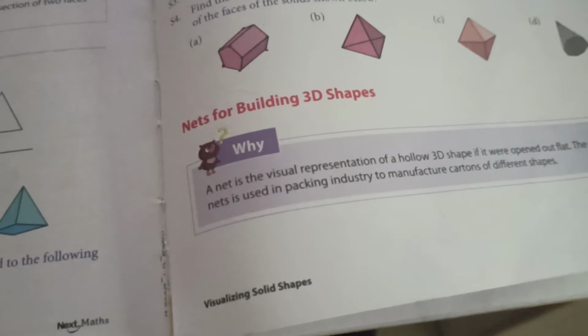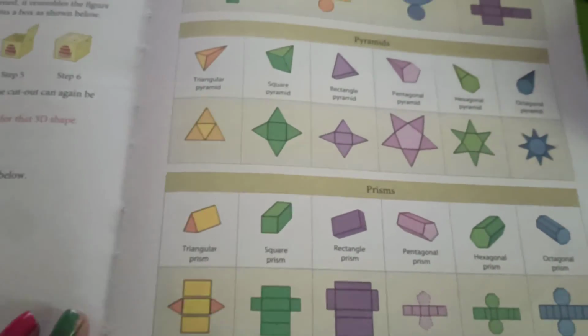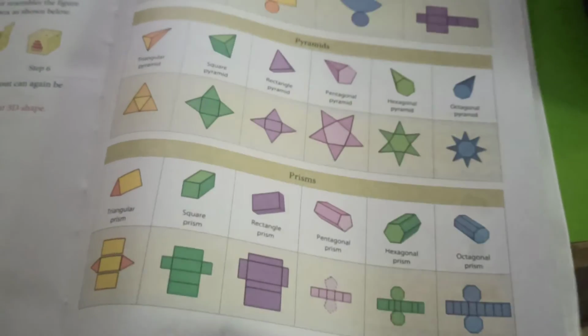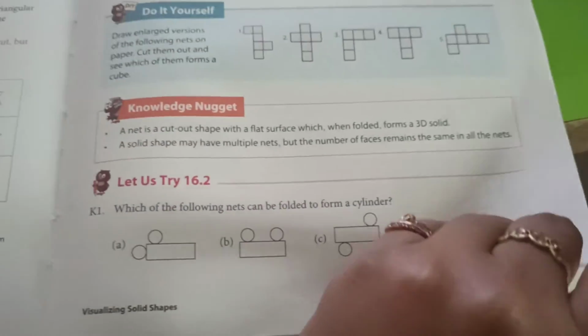What is a net? A net is the visual representation of a hollow 3D shape. If you open it, you get a flat surface, and when you fold it step by step, you get the 3D shapes. After that, in this exercise we have done the nets of solid shapes, pyramids as well as prisms, right?